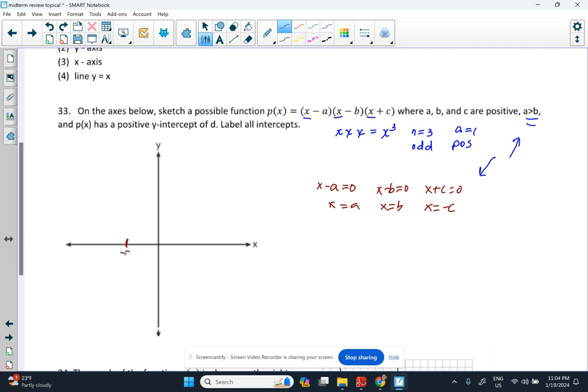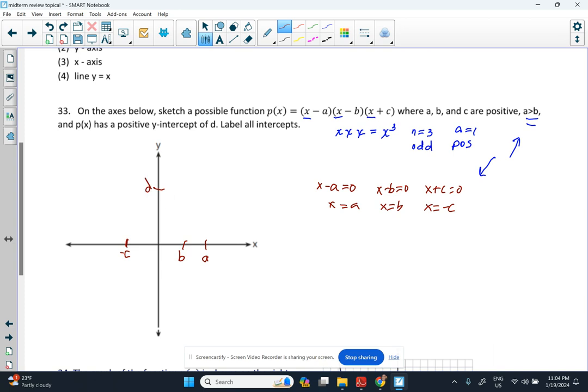So negative C is the only one on the left side of the x-axis. But here's where you have to be careful. We know A and B are both on the right-hand side, and we know that A is greater than B. That means A is to the right. And D, the y-intercept, is positive, so it's above the x-axis.